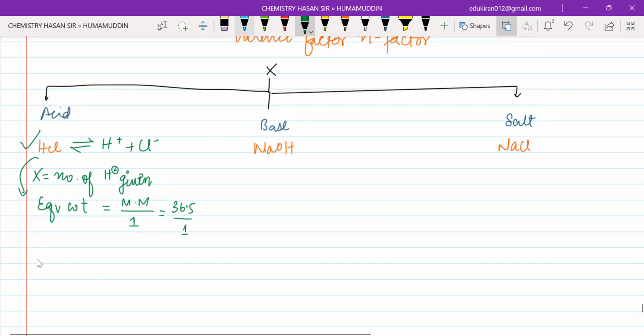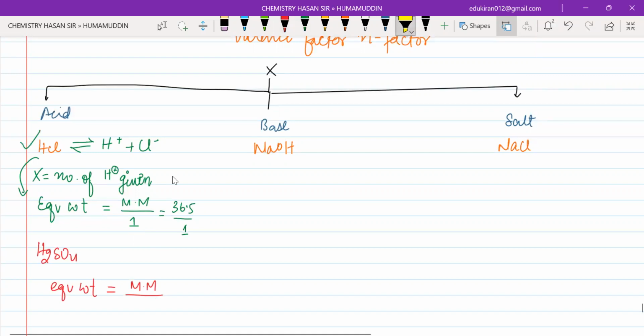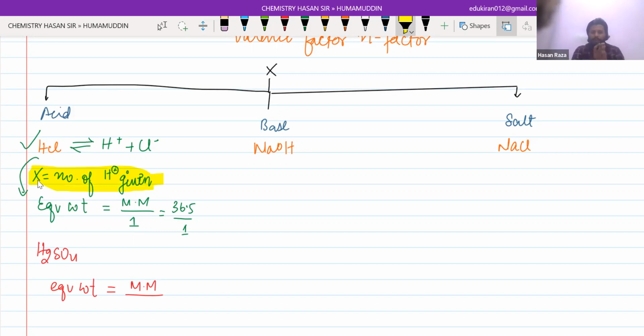Now, if I write, calculate the equivalent weight of H2SO4, can you tell me the value of X? First, you need to see carefully whether H2SO4 is an acid, base, or salt. It is an acid.